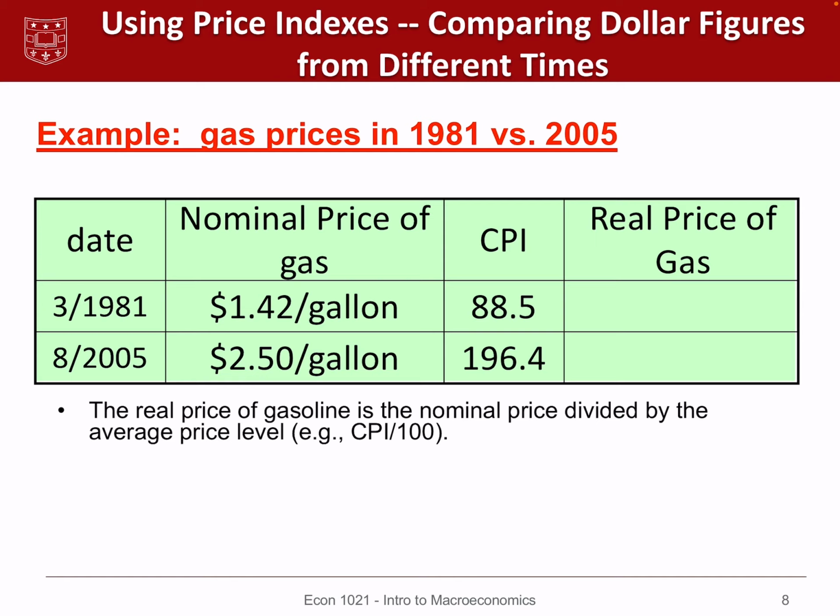And we might be tempted to say, oh my gosh, gasoline was so expensive in August of 2005, as opposed to what it was in 1981. Again, that would potentially be making a mistake, because at the same time that gasoline prices were rising, we also observed that overall, according in this case to the CPI, prices were rising.